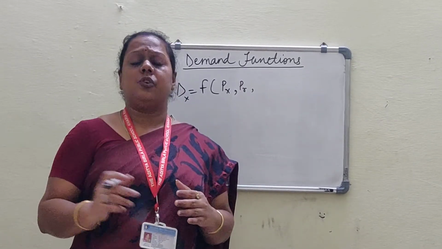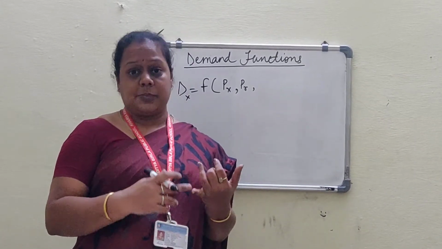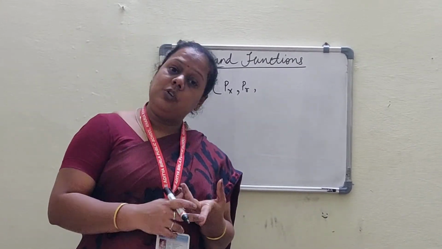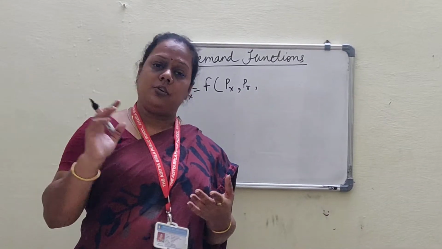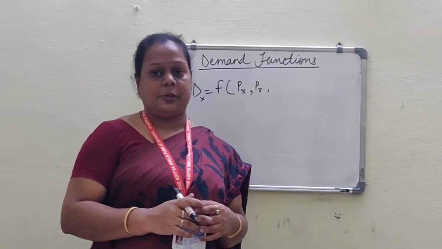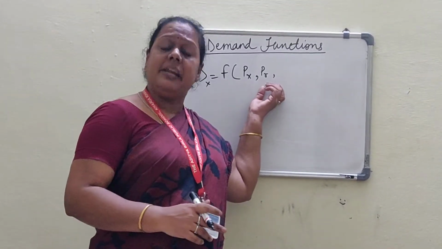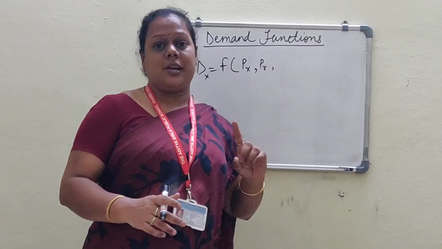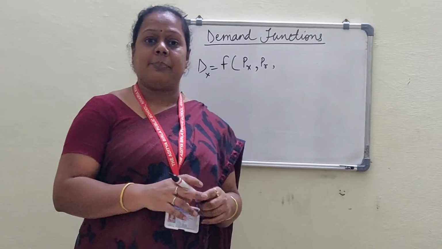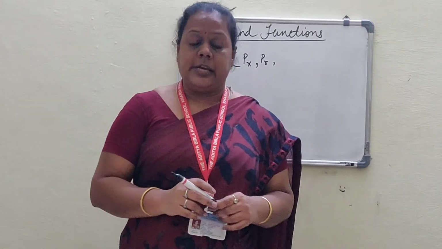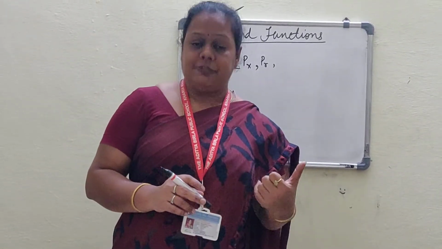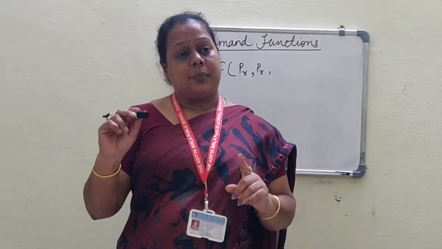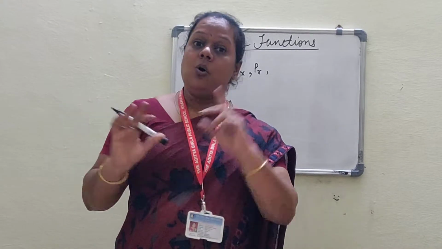There are different kinds of goods, what we call substitute goods, complementary goods, normal goods, giffen goods. We will study all these kinds of goods this year in the same chapter. So the prices of these related goods are also very important. For example, if I talk about tea and coffee, if the price of tea is high and the price of coffee is as it is, what will happen?